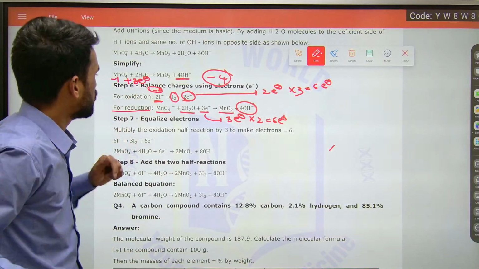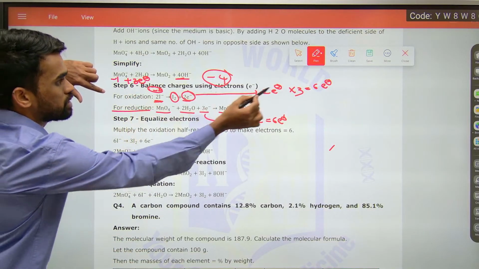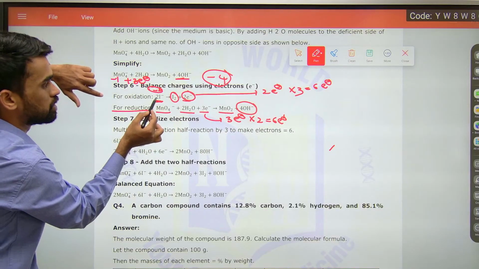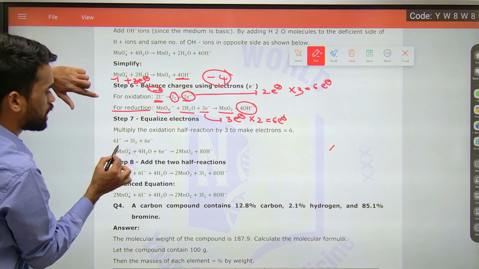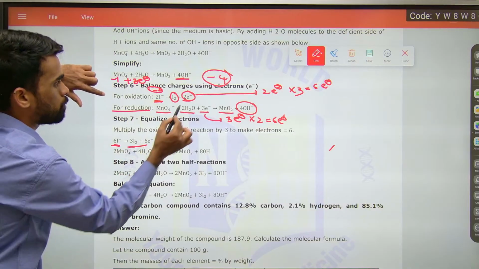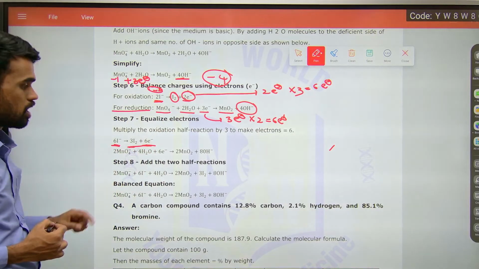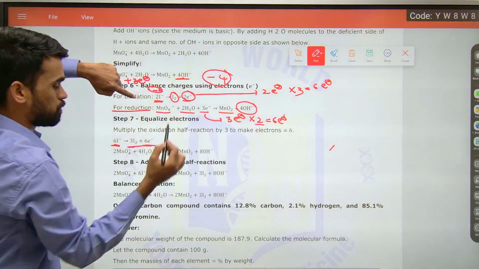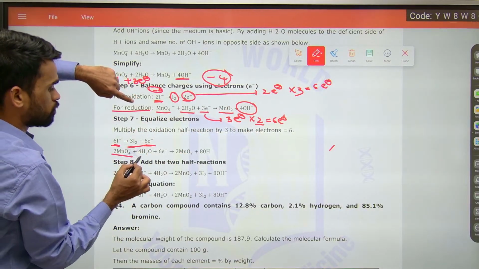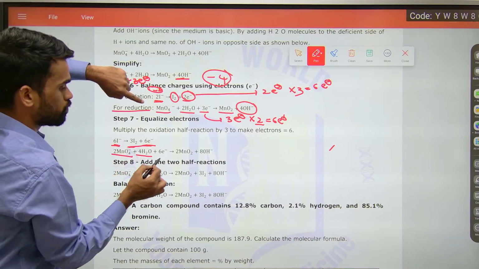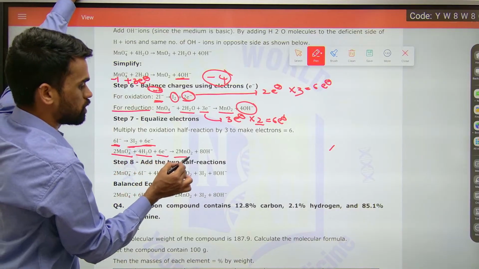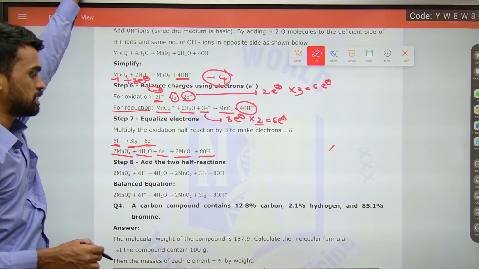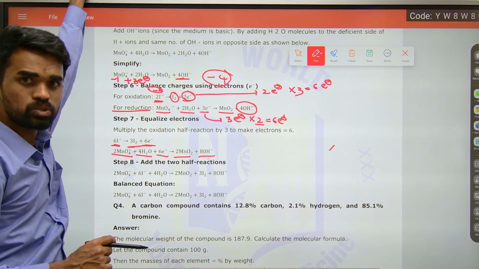So if I multiply the oxidation half with 3, what does it become? 2 3s are 6. 6 iodide ions giving 3 I2 plus 6 electrons. That's it. This is the oxidation half. Next, this equation should be balanced by multiplying with 2. 2 MnO4 minus plus 4H2O plus 6 electrons giving 2 MnO2 plus 8 OH minus. Okay, we got these 2 equations now.